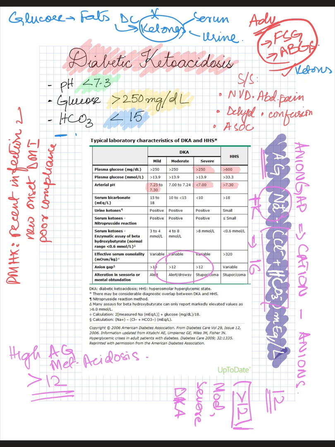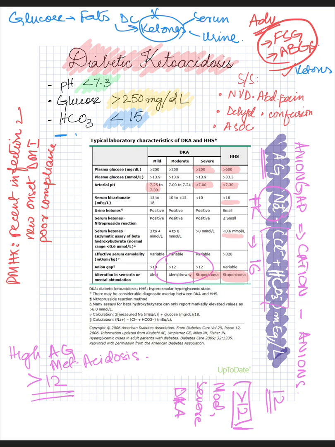Patients do not go into stupor or coma unless the patient has a very severe form of DKA. But in HHS, they are usually going to present with stupor and coma more often than DKA. The amount of serum ketone is lower and serum bicarbonate is greater in HHS when we compare to DKA.